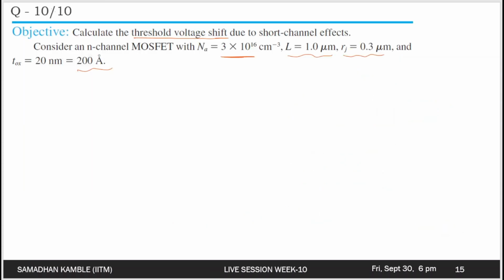So, however, before that we need a few more parameters to be determined. Let us find out those first. The first of them is the oxide capacitance, that is Cox, which is nothing but epsilon ox by T ox.